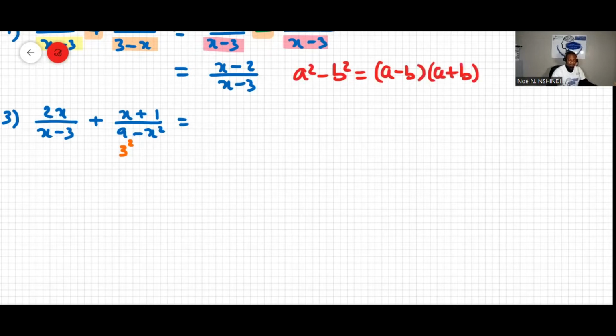Now this will be 2x over x minus 3, okay, plus x plus 1 over 3 minus x, that's in the bracket, and then 3 plus x there.